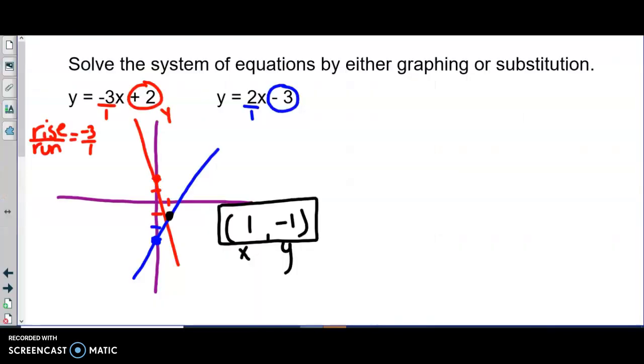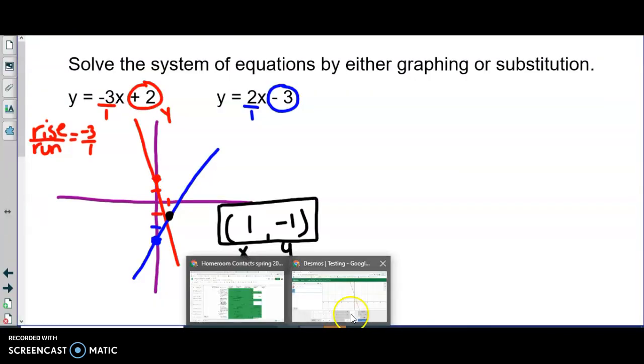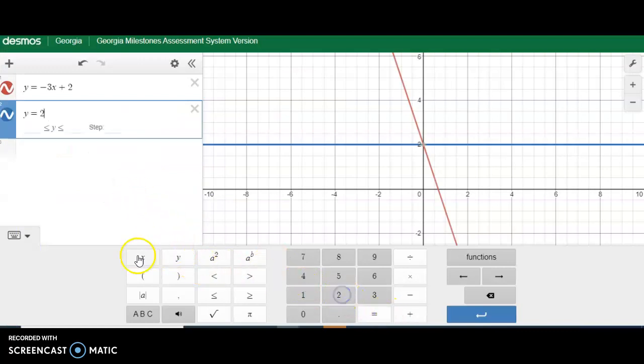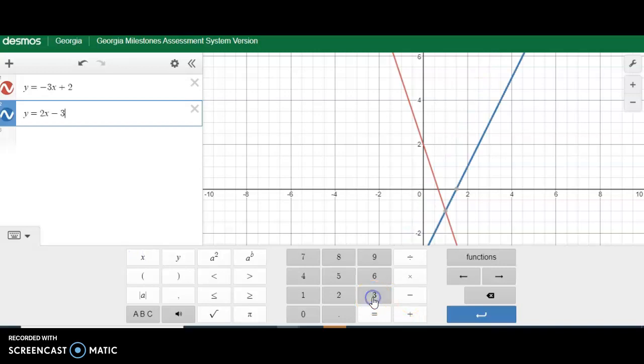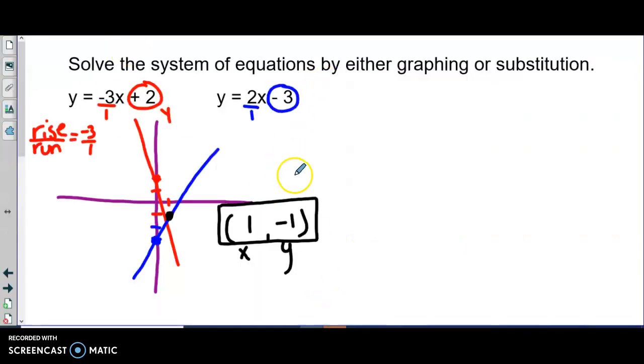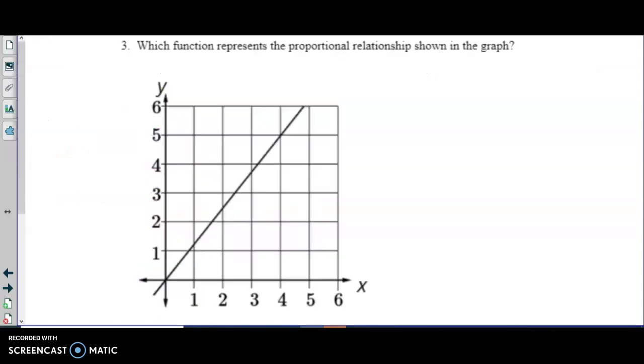My second equation was y equals 2x - 3. Then you look and see where they cross. If you click on it, it'll actually tell you the ordered pair, 1, -1. So to solve a system of equations by graphing, you would graph them and see where they cross. That is your solution to the system.